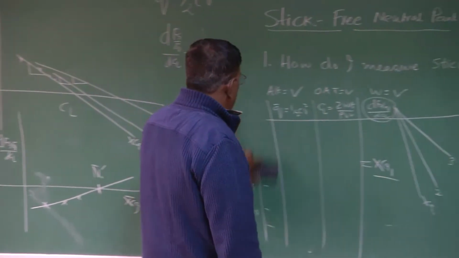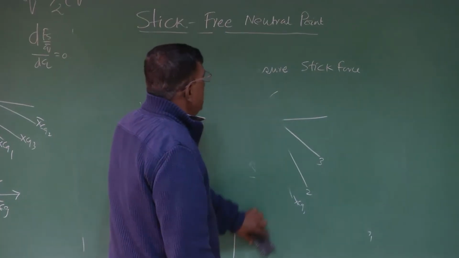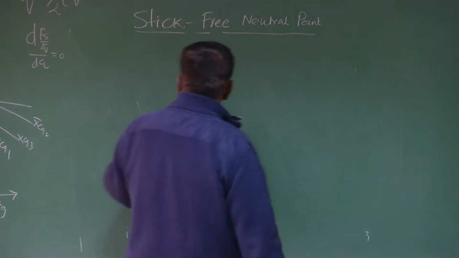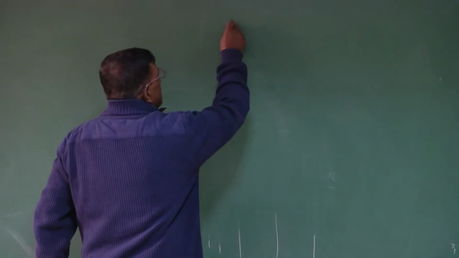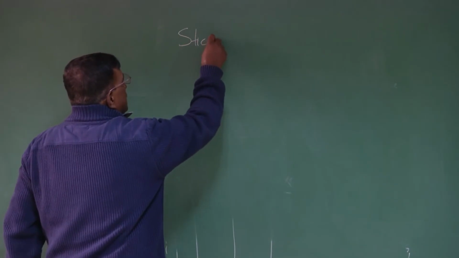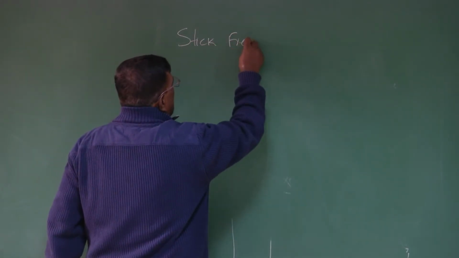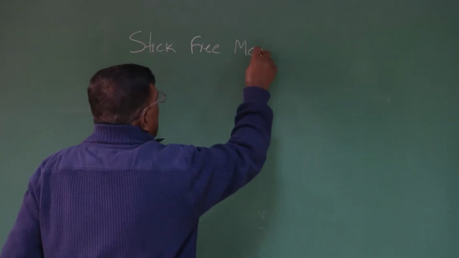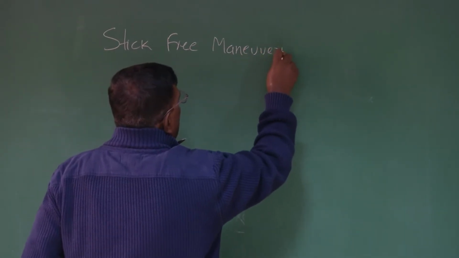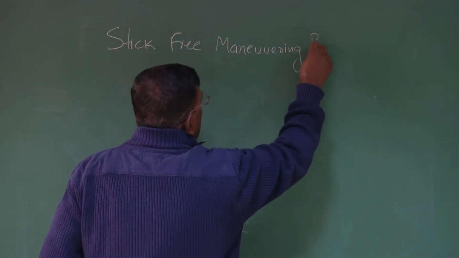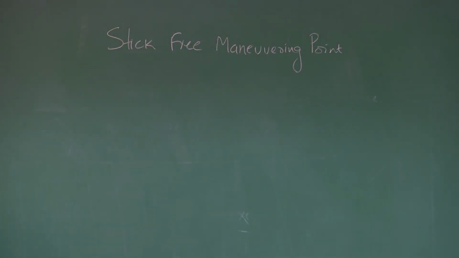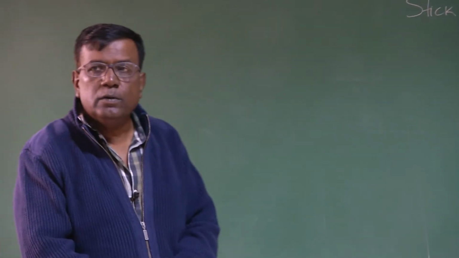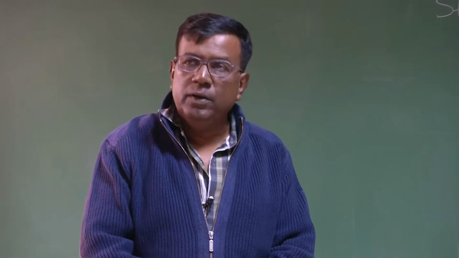Now, to end this part, we will also see how to find a stick-free maneuvering point. Neutral point is over. So, like you have a stick-fixed neutral point, you have a stick-free neutral point.